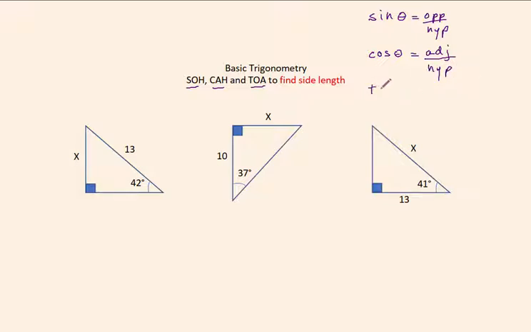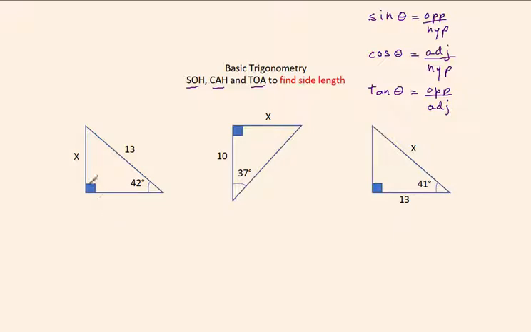And the last one, TOA, is the tangent of that angle theta, which is the opposite side length divided by the adjacent side length.